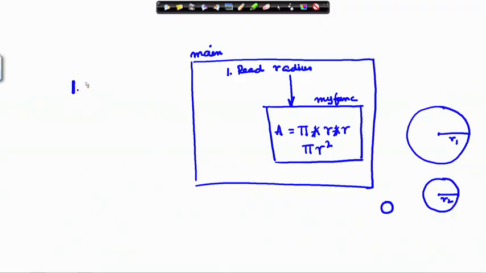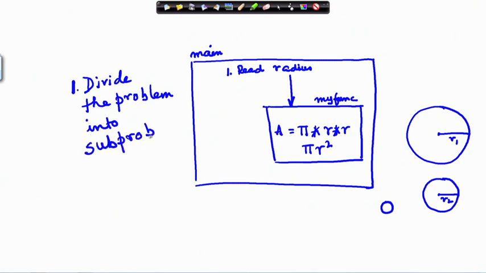So, we want to divide the problem into sub problems. That is a general programming philosophy: we divide the problem into sub problems and solve each of the sub problems separately, because they are more manageable. I can find out what the errors are, whether they are working properly or not, and then I combine them together and solve the overall problem. That is advantage number 1.